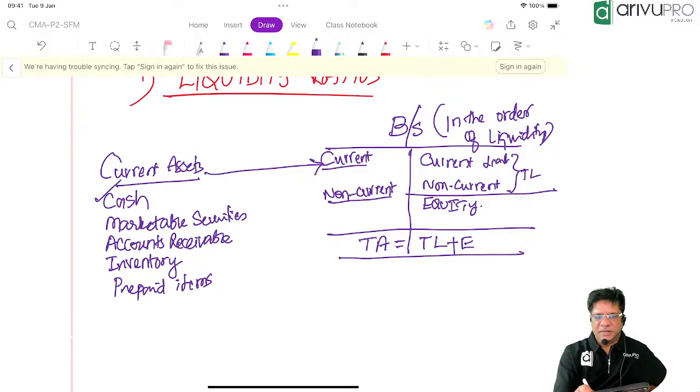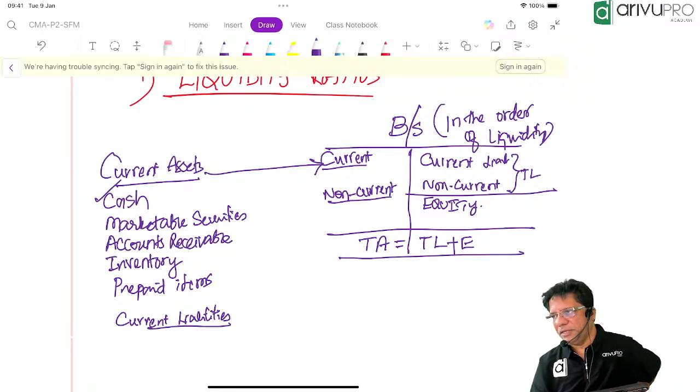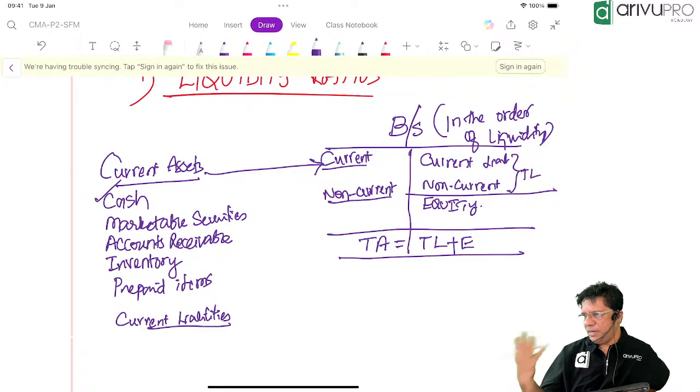So under current liabilities, again, current liabilities are obligations that mature within 1 year. The company has to pay.